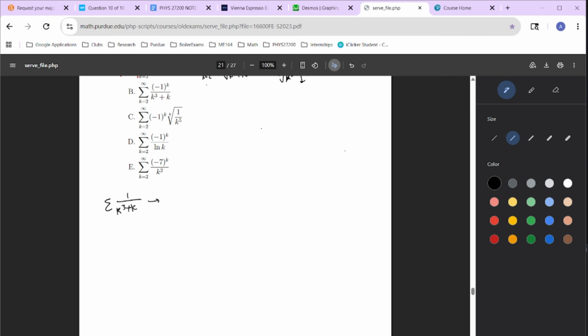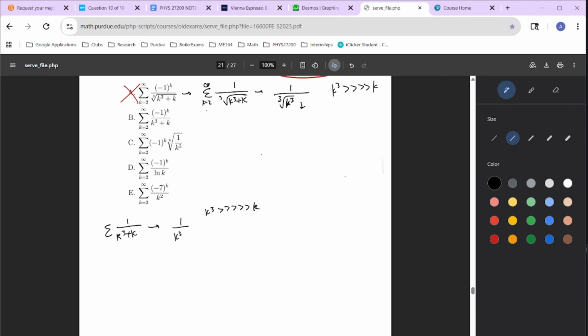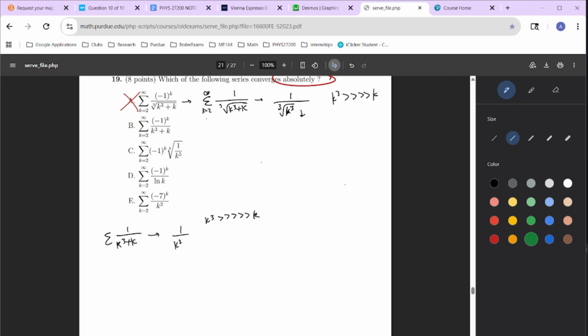If we plug in a huge value for k, we find, again, that k cubed is much, much larger than k, which means that this can pretty much be approximated to just 1 over k cubed. This does, in fact, pass the p-series test. But just to make sure that we're not shutting out all of our other answers, let's keep this one on the back burner for now. This one might be correct, which is why I highlighted it in green.